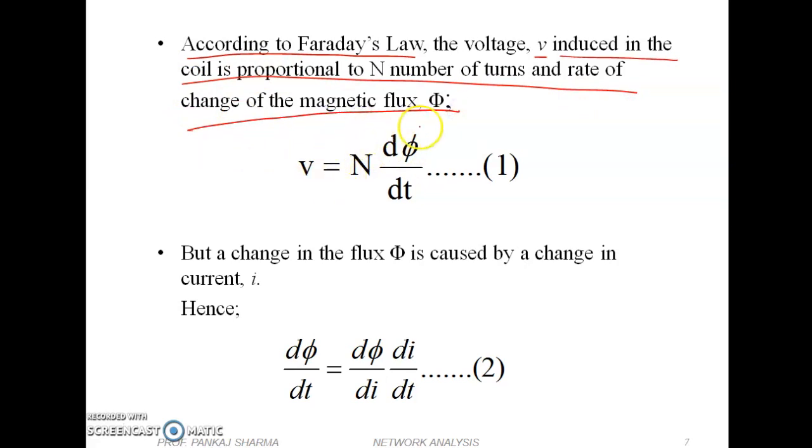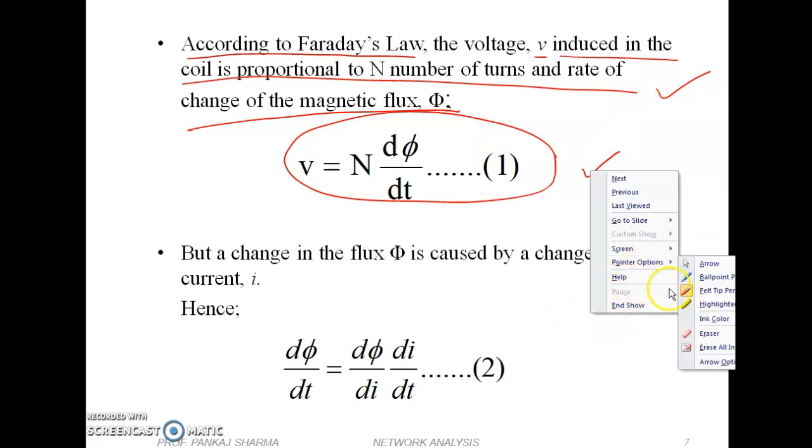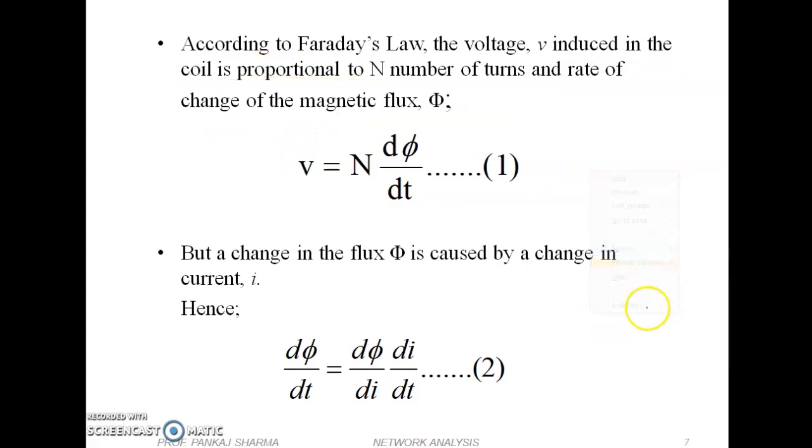This is the statement in words, and this is the actual maths formula. V is equal to n d phi by dt. What is d phi by dt? The rate of change of flux with respect to time.